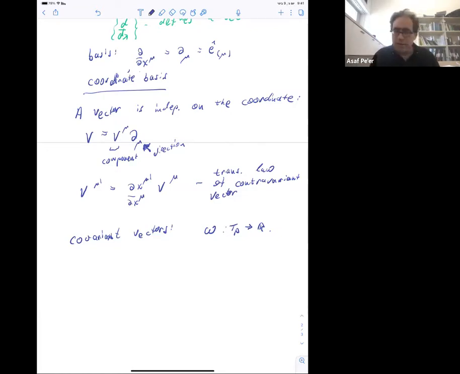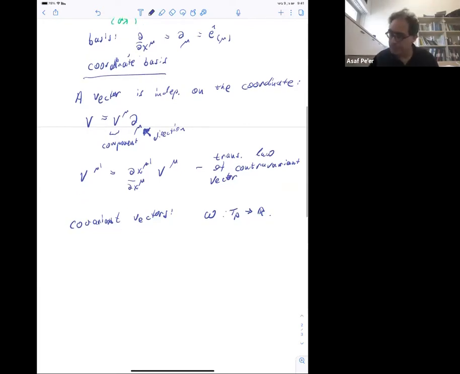Obviously the canonical example, these are also called one forms. One forms, the canonical example being the gradient of a function, df.